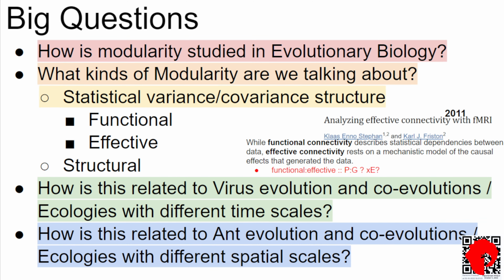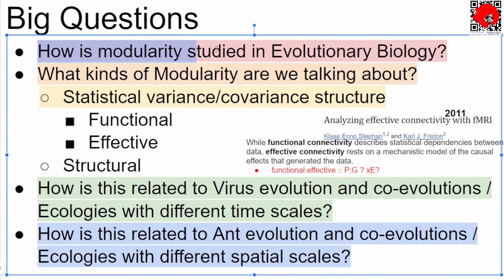So some of the big questions that come into play in this paper, or big questions that might bring you to the paper, are how is modularity studied in evolutionary biology? And importantly, at the beginning, we'll discuss what kinds of modularity we are talking about.